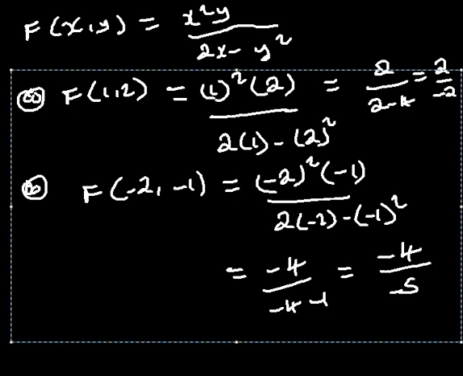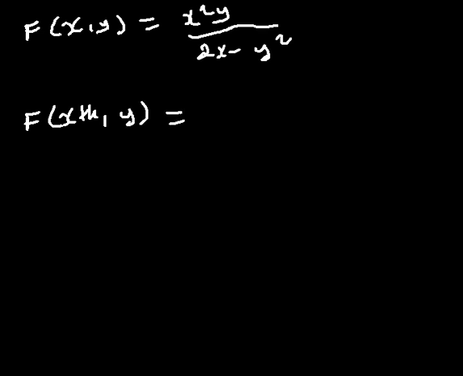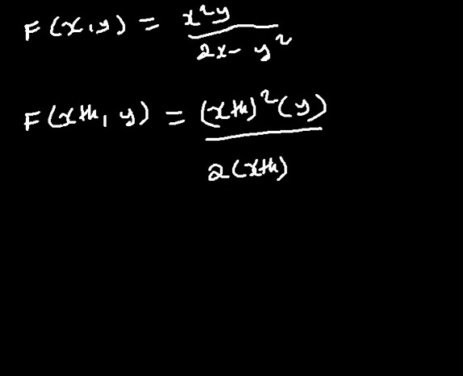And how about if we have f of x plus h comma y? How do you think we should have this? The principle remains the same. This is the input for x, and the other one is the input for y. So we'll have x plus h to the power 2 times y, divided by 2 times x plus h minus y to the power 2. So you just have to expand that.